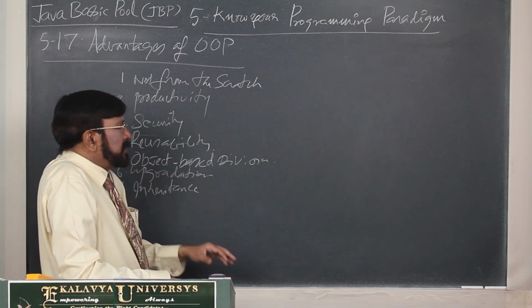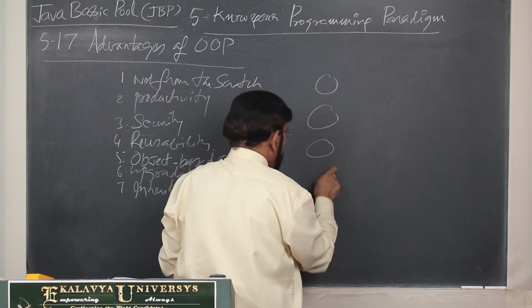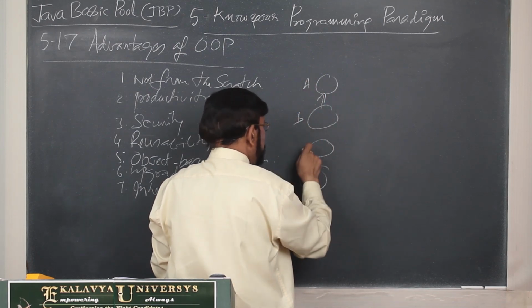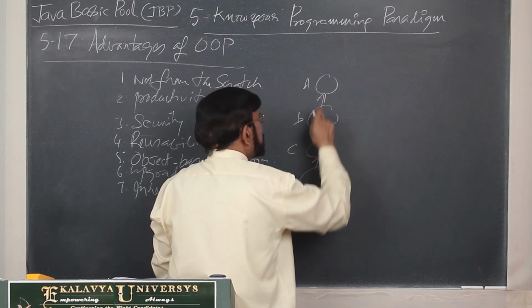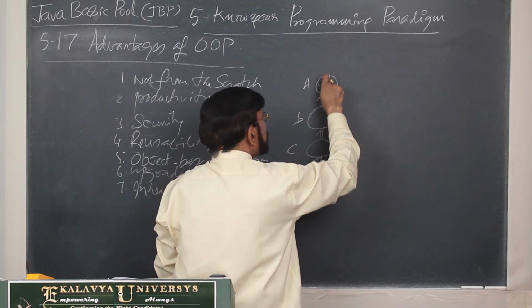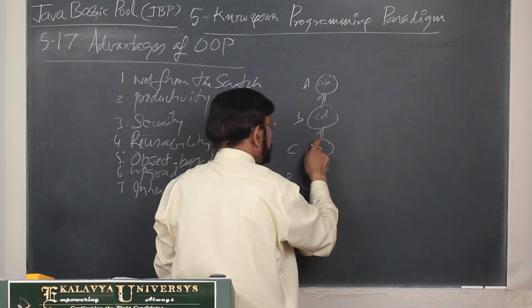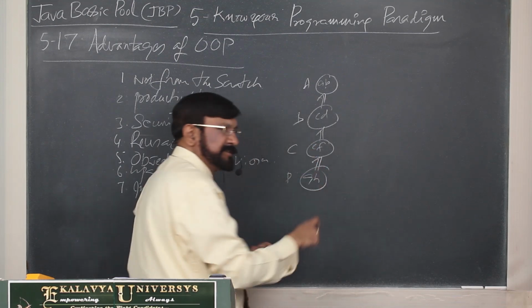Like that, we can create superclasses and subclasses. This is A class, B class, C class, D class. Suppose this consists of AB, this consists of CD, this consists of EF, this consists of GH.